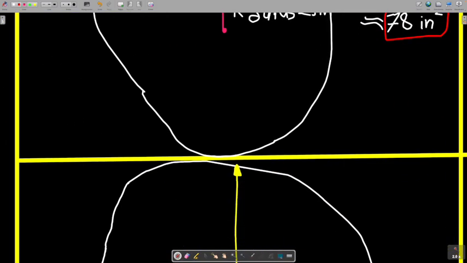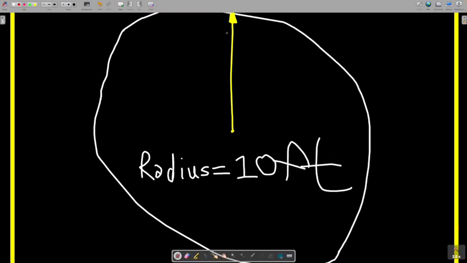Let's try another one. This time it's 10 feet. So the formula is A equals pi r squared. Now the radius is 10 feet. 10 feet squared is 100.